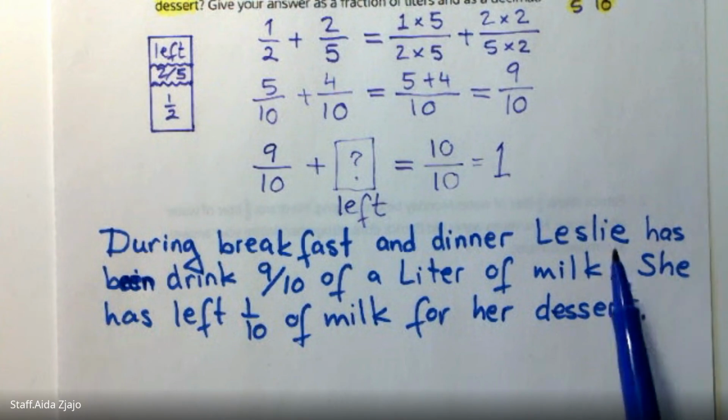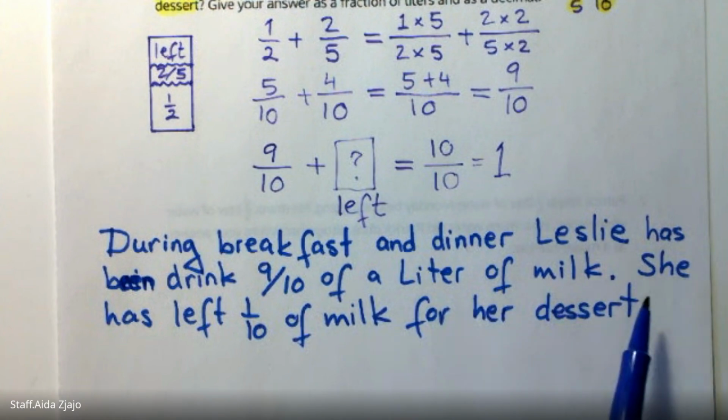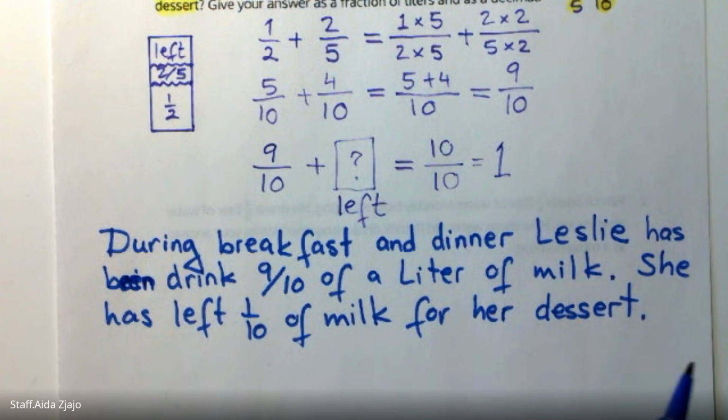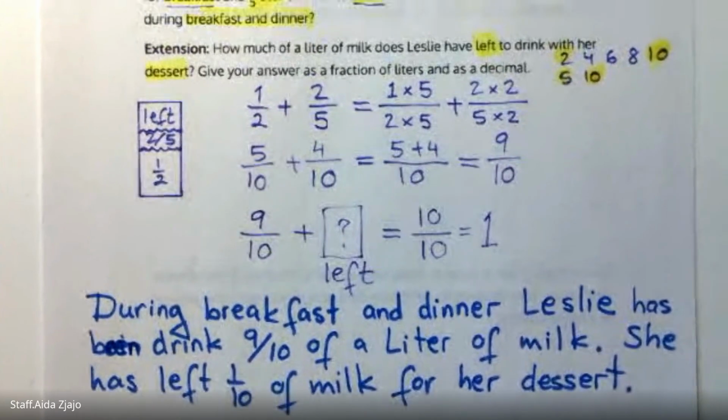I think it has to go here: she drank 9/10 of the liter of milk. She has 1/10 of milk left for her dessert. As you can see, I'm not as good in the language, but forgive me. The math is more important for me, and I tried my best. There you go. All right.